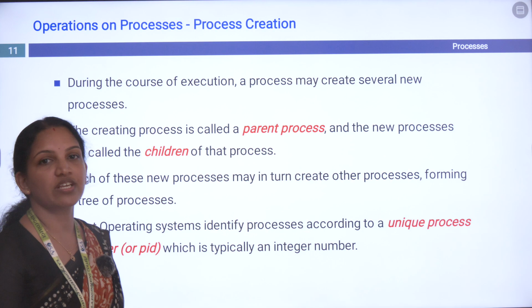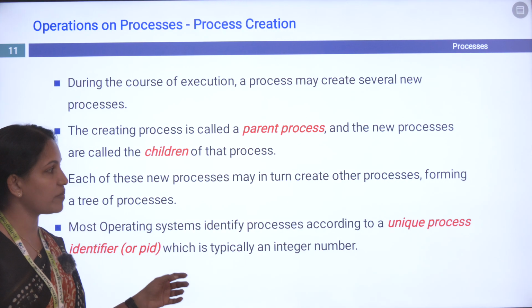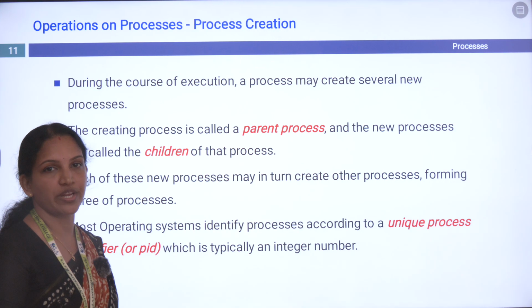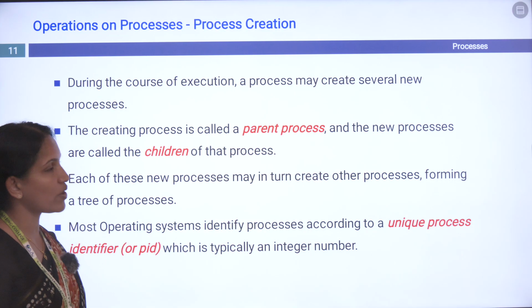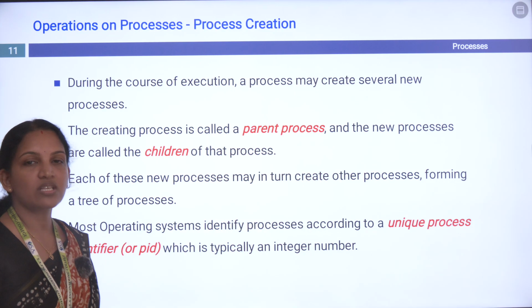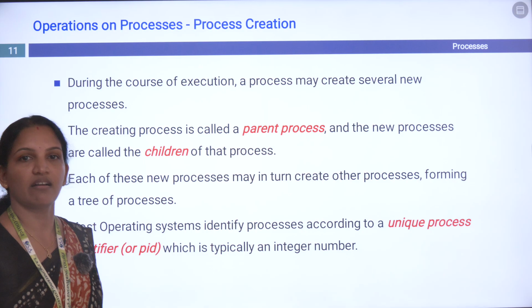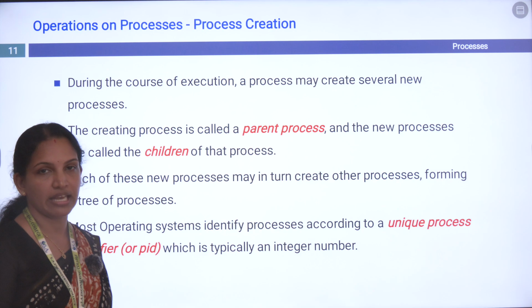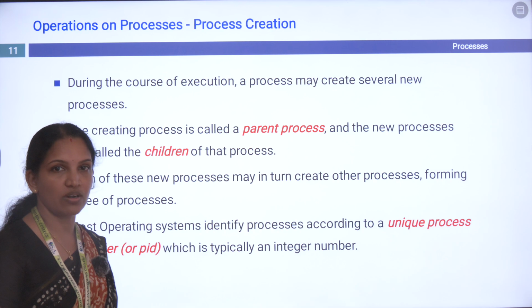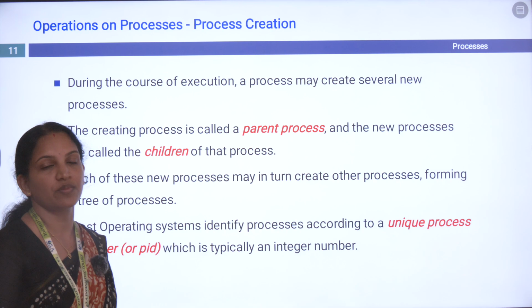Now let's see the operations on processes. Here we are mainly considering two operations, process creation and process termination. First is process creation. When a process is executed, it can create another process. The creating process is called the parent process, and the newly created process is called the child of that parent process.